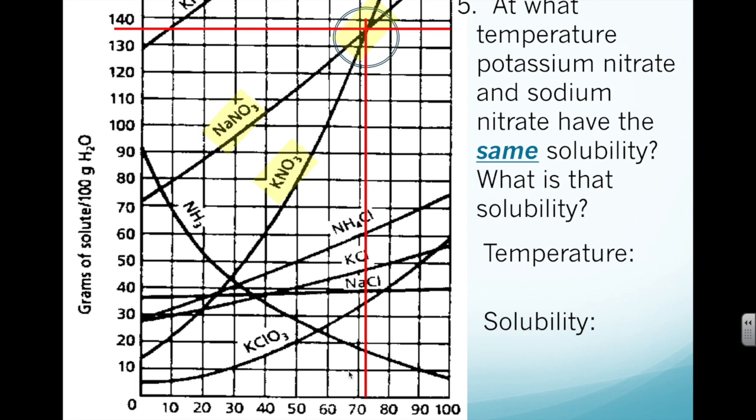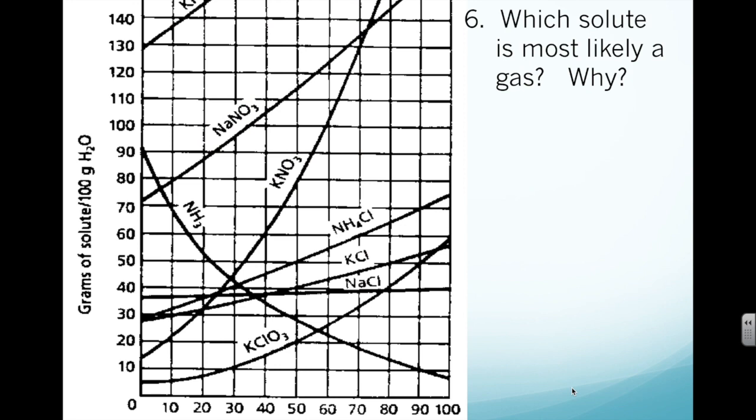Let's look at the x-axis. That's going to be between 70 and 80, closer to 70. So that's going to be 72 degrees. And this one is going to be between 130 and 140, probably closer to 140. So 137 grams per 100 grams of water. That's how you must write that, okay? 137 grams per 100 grams of water.